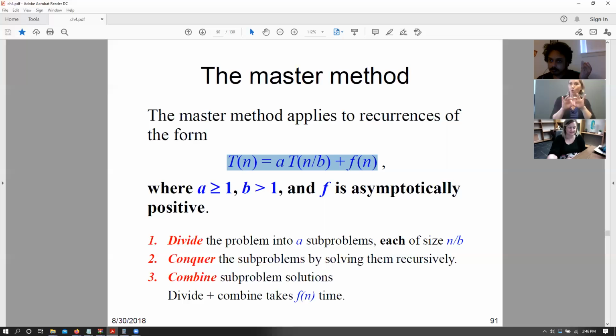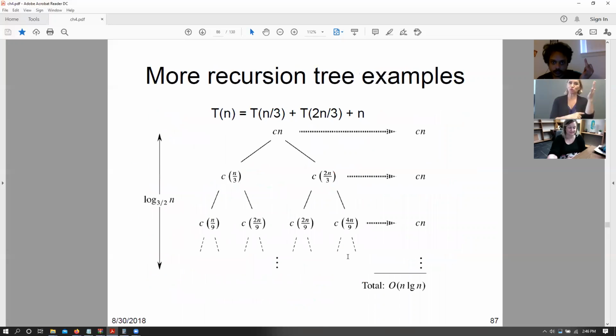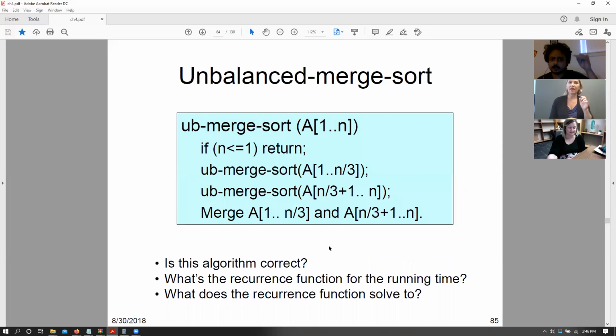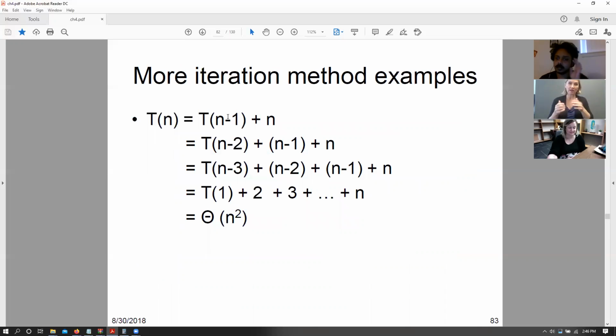In the recursion tree method or the iteration method that we also looked at earlier, whenever we had something that was not dividing the problem into components, but essentially reducing the size of the problem by a fixed amount every time, so -1, -2 or whatever, in that case, we used the iteration method to figure out what the complexity was.